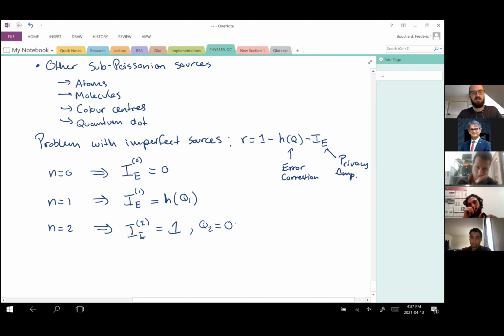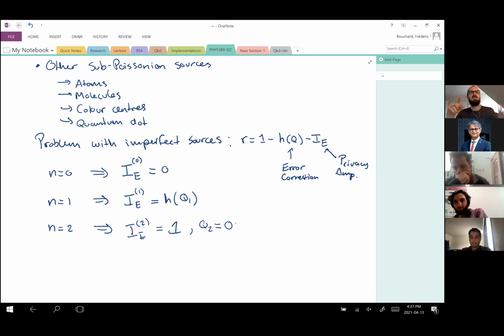That's really bad for Alice and Bob, because what Eve can do is every time there's a pulse, she can measure how many photons there are. If there's one, she just blocks it. That's just lost. That's fine. If there are two photons, she takes one out and sends the other one to Bob. Alice and Bob will see no errors, and Eve will get all the information.